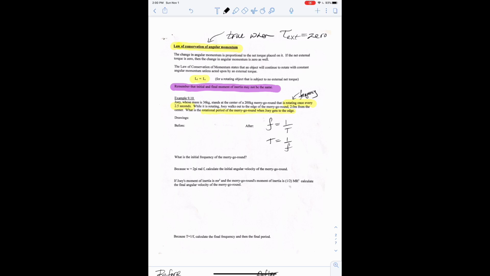Another formula we have to use here is we know that angular velocity is equal to 2 pi radians, right, times the frequency. So we're actually going to take advantage of that formula to know what the initial angular velocity is, right? That's what we're going to want to find out.